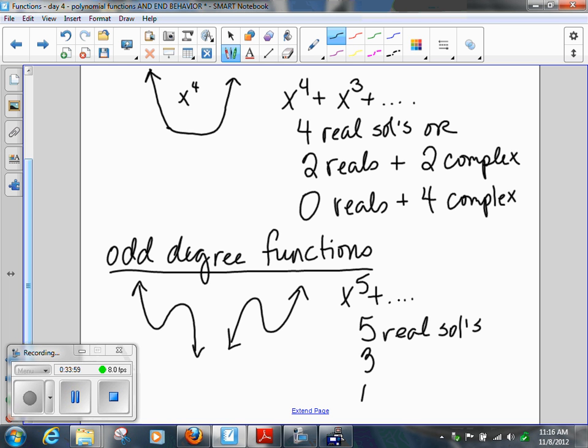That means they're not going across. You're going to know one arm up, one arm down, odd degree. Two up, two down, even degree. Okay? So if your function looks like this, is it even or odd? Odd. If it's this, what is it? Even.